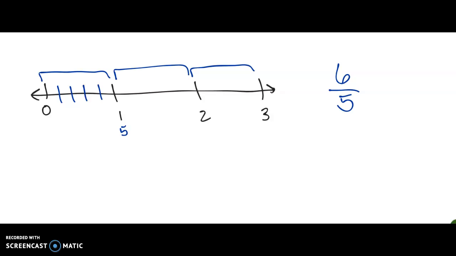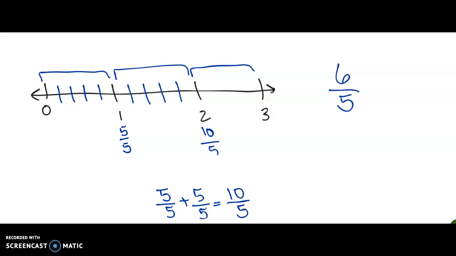So I have 5/5. That's 1 whole. Then we have 1, 2, 3, 4, another 5th. But this time we have 2 wholes. So if we have 1 whole, which is 5/5, plus another whole, which is 5/5, that means that 2 wholes is 10/5. So we have 10/5.